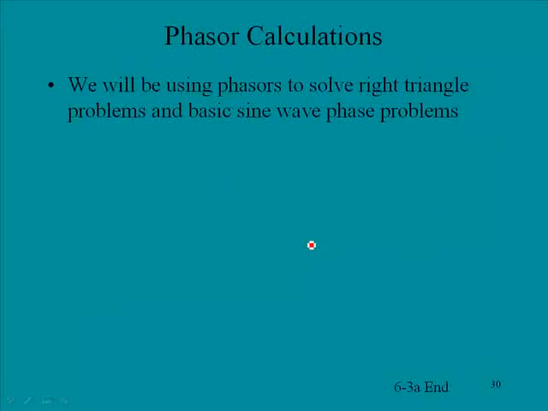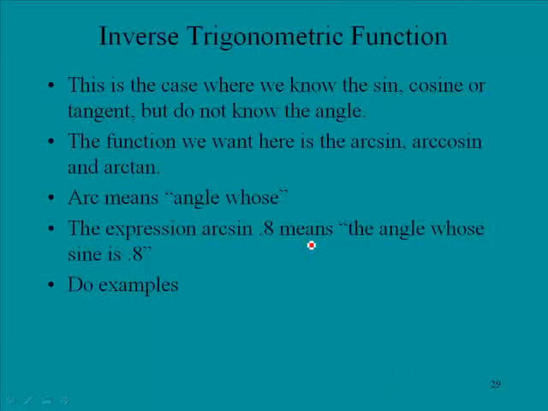Okay, phasor calculations. In the next section, I'm going to stop here. In the next presentation, I want to walk through the practice problems at the end of this particular section. So this will conclude. We've looked at inverse trigonometric functions.